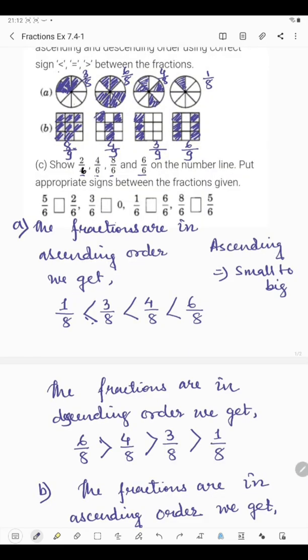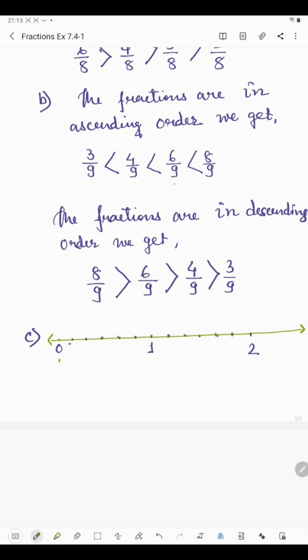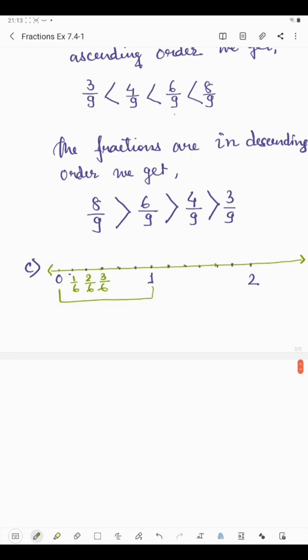Now here we have 2 by 6. Okay. So this is 6 parts and 2 by 6 means 2 parts out of 6. So here is 1 by 6, then 2 by 6, 3 by 6, 4 by 6, 5 by 6.